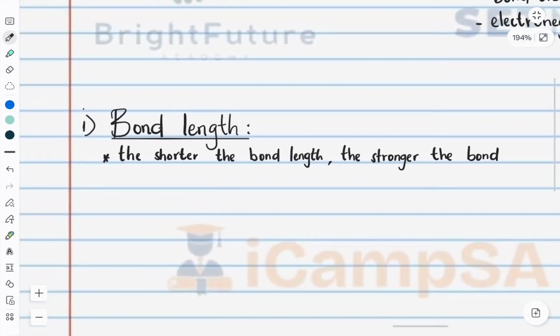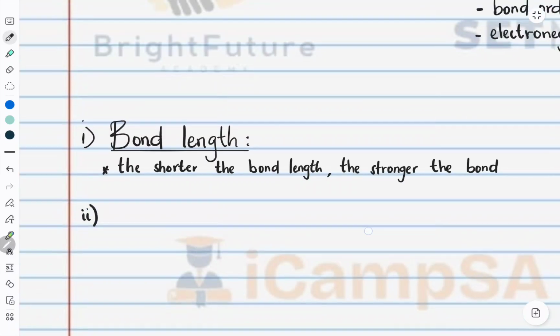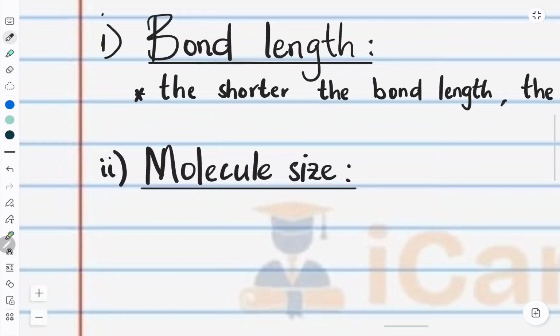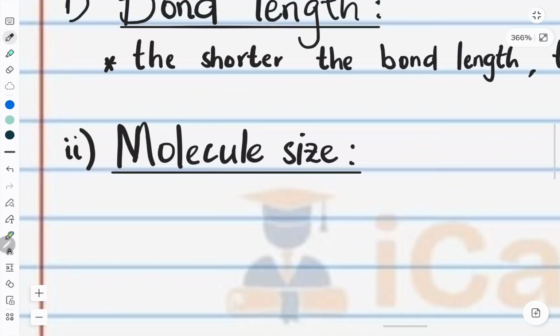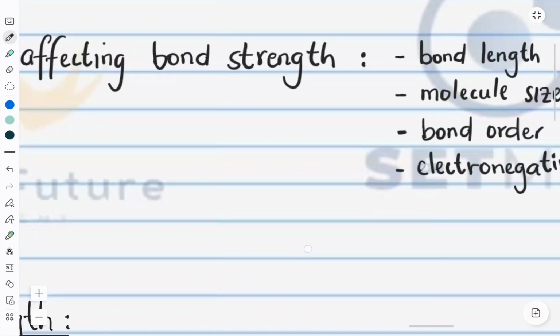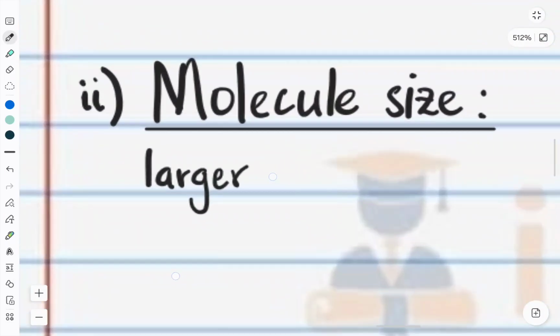Now on number 2, we look at molecule size. First, let's look at how it affects the bond strength. If the atoms that make up a molecule are large, they will tend to have a higher bond length because they have a larger distance between their centers. I will show you that in a minute.